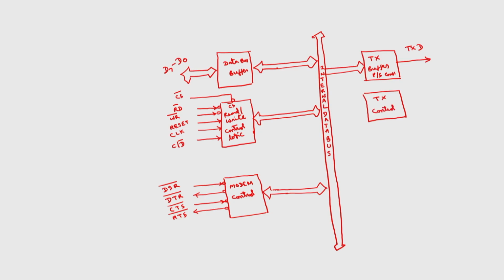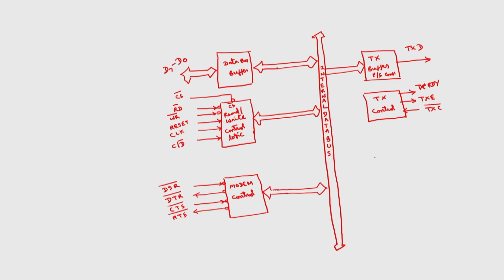We have 3 control signals corresponding to the transmitter. One is transmit ready, TXRDY: whenever the transmitter is ready, it will inform the device through this signal. If the transmitter is empty, this will be indicated through another signal called transmit empty. Then the transmitter has a clock, the transmitter clock, which decides the rate of transmission; this is an active low signal.